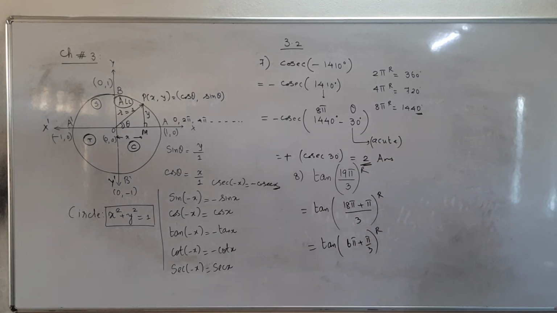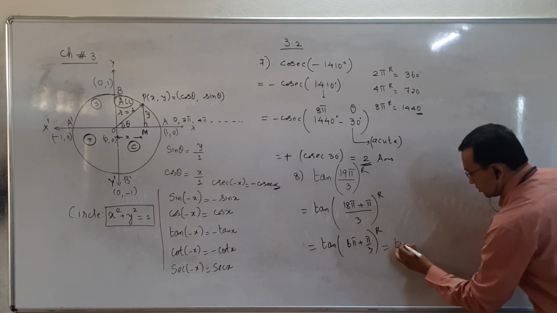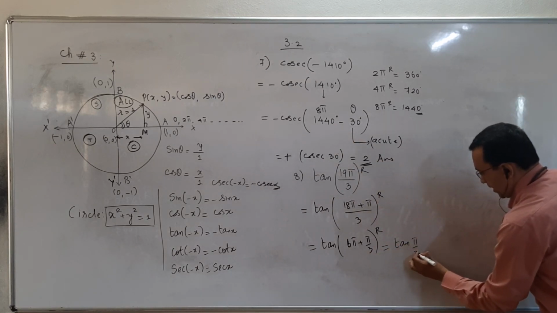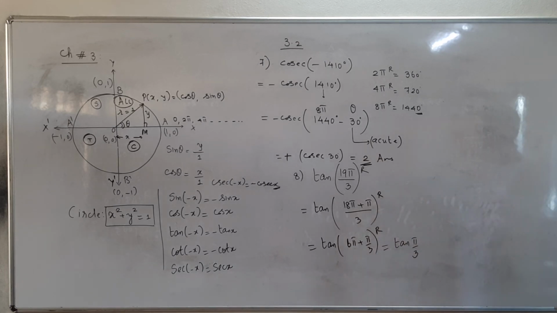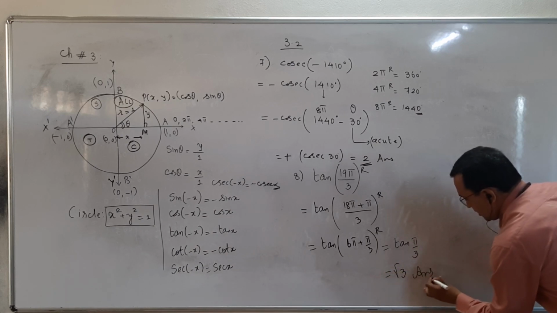Now all even pi's are at A, I told, and all odd pi's are at A dash. 6 pi plus theta will fall in first quadrant. Whether it is a multiple of pi, the function doesn't change. So this answer is tan of pi by 3 only. Now first quadrant all T functions are positive, and so this answer is root 3.